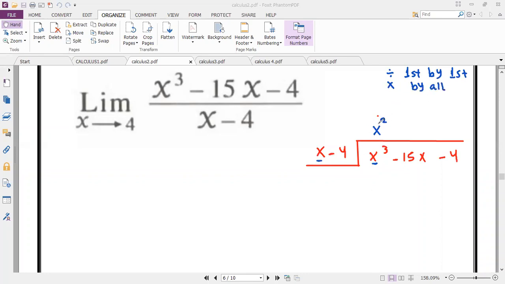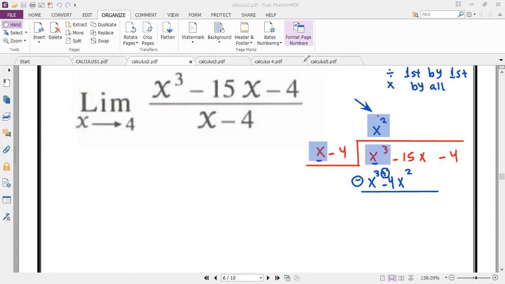Multiply x squared by all here. So x squared times x is going to be x to the power of 3, and x squared times -4 is -4x squared. And then subtract, change the sign. So this one here is negative, and this one is going to be positive here.